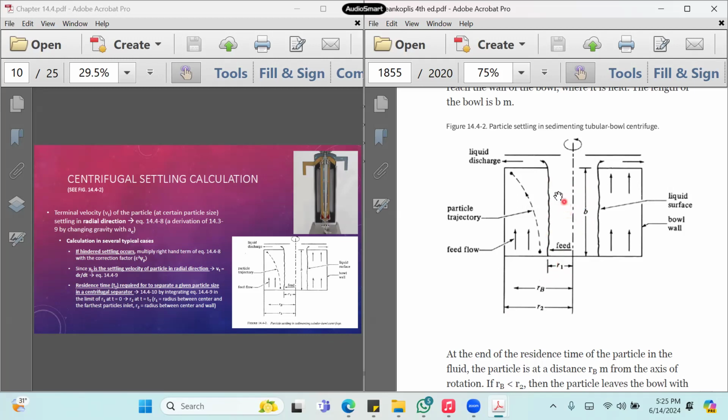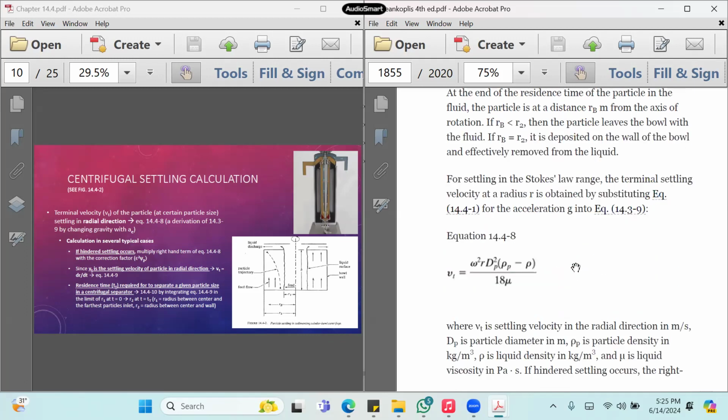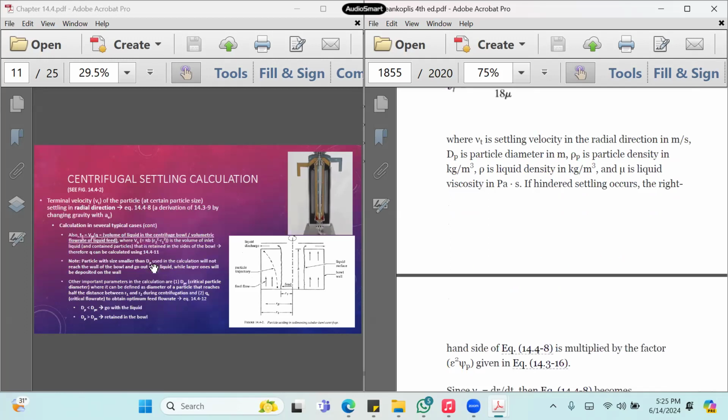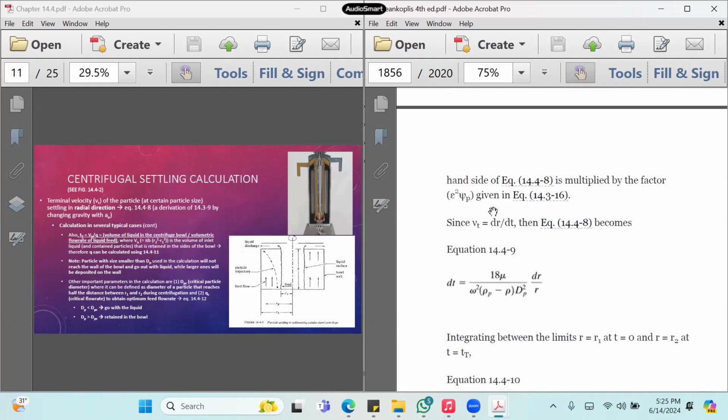This is empty space, and this one is the mixture interface to the center line. It's R1.